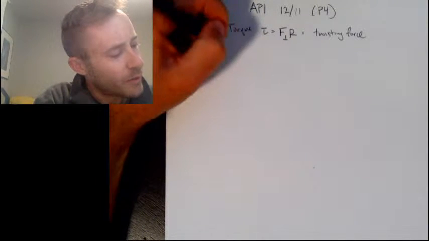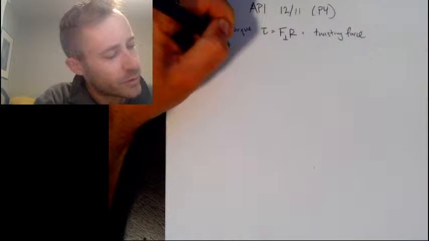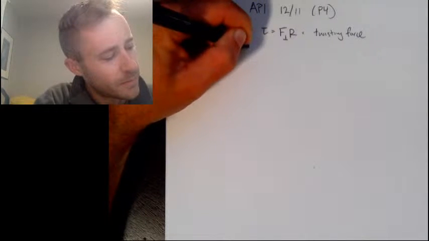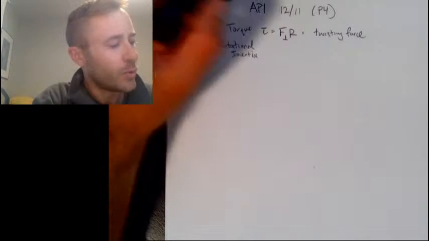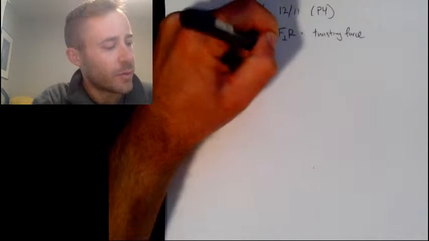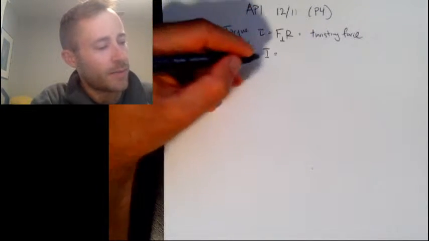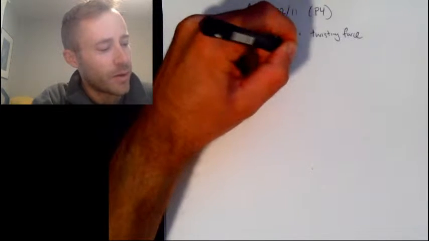Then we learned about something called rotational inertia, which is denoted by I, and it's the sum of mr squared.